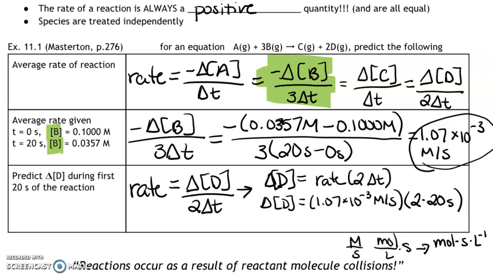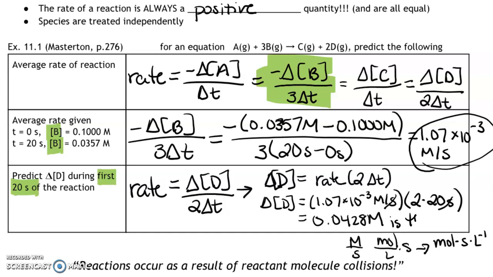When I solve for that, notice my seconds divide out to equal 1, so I am left with a concentration, and that concentration comes out to be 0.0428 molar. Okay, so that's the change. The answer to the question is, because it says during the first 20 seconds, you want to ask yourself, how much product D did I have at the beginning?